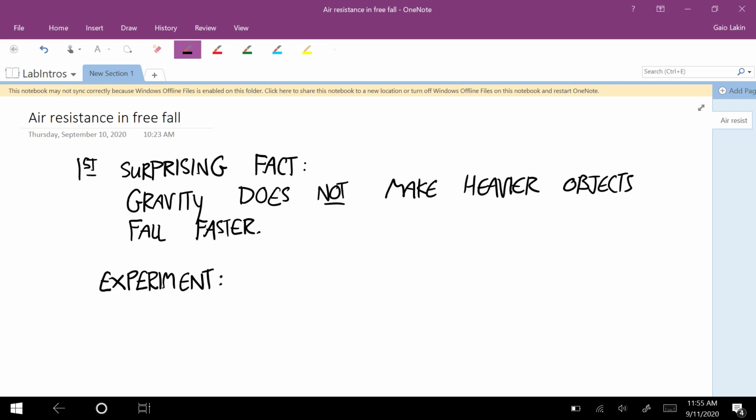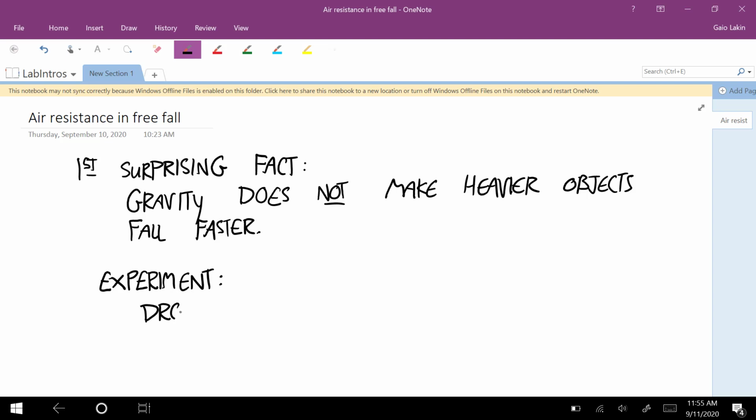We have a few that are the size of tennis balls, and they're made out of different materials. One is lead, one is aluminum, one is cork. And we drop those from 1 meter in the air, about a little over 3 feet. And then we drop them all from 20 meters in the air, a little over 60 feet. And we see how long it takes for them to hit the ground and compare that to how long it would take if there was no air resistance.